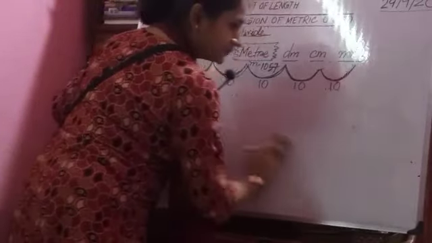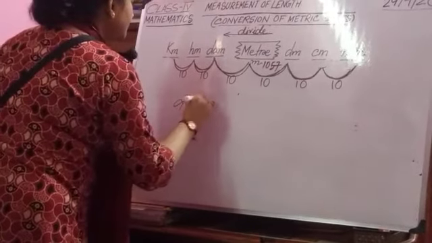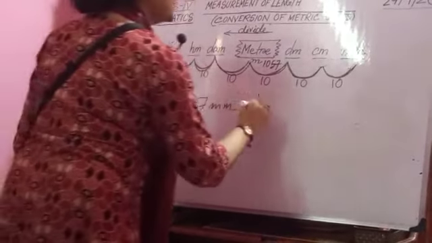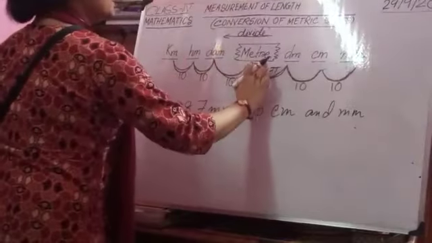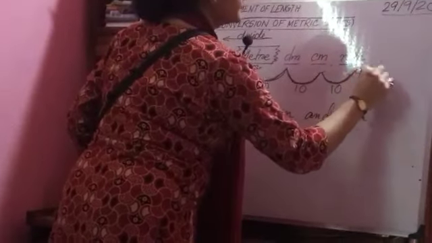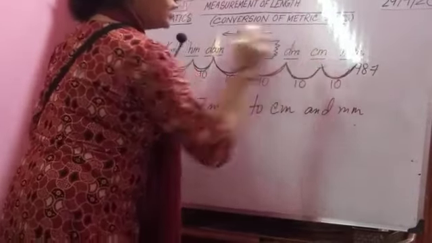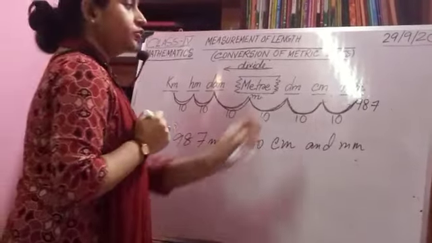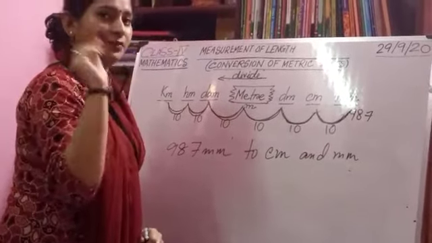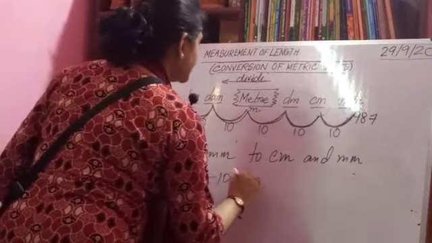And finally, let us convert millimeter to centimeter and millimeter. Convert 987 millimeter to centimeter and millimeter. Right, children? Now, 987, it is sitting here and it has to travel here in this position. So, 1 gap, 10, and we are moving left hand side. So, divided by 10. So, 987 divided by 10 millimeter.